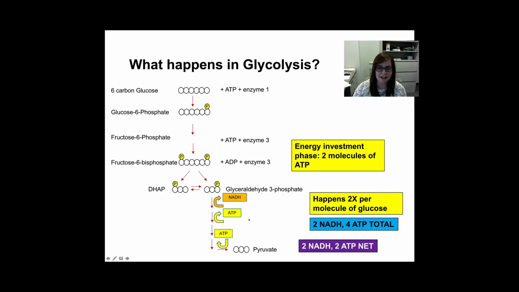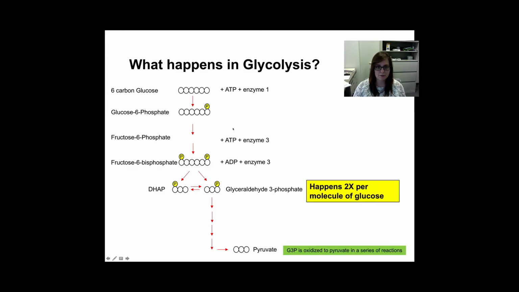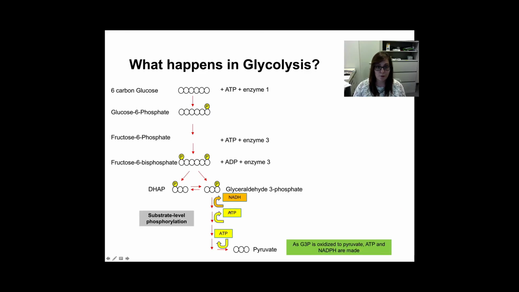But keep in mind that we already spent 2 ATP up at the top of this pathway, and so our net is 2 NADHs and 2 ATPs. Just to walk through again: we spent 2 ATP, we made 4 ATP, which leaves us with 2 ATP.